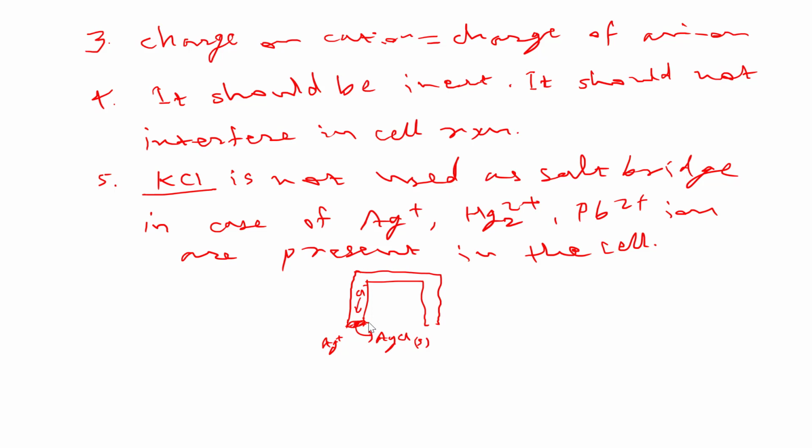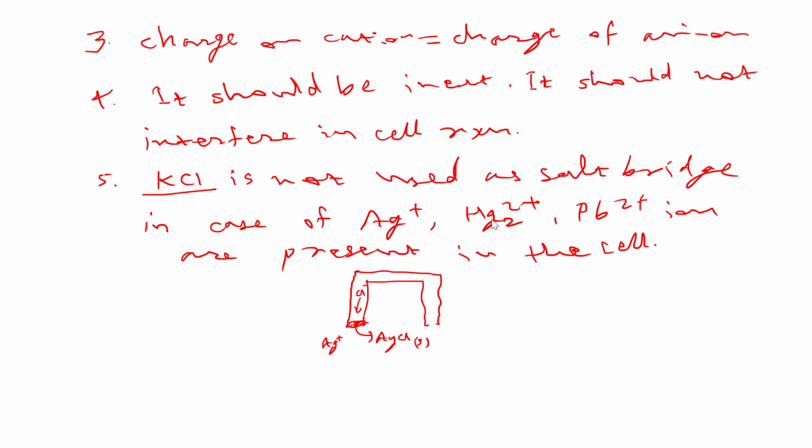When the mouth is blocked, the circuit will be incomplete, because it is not connected internally. This is the reason we do not use KCl as the electrolyte in the salt bridge whenever these ions are present in the electrolyte.